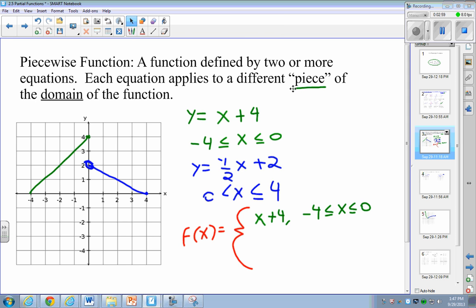All right, and now we just have to do the same thing for the second piece. So that one's going to be 0. All right, and that's our piecewise function right here. That's what this should look like, equation, then domain.